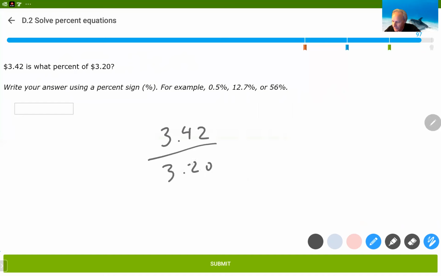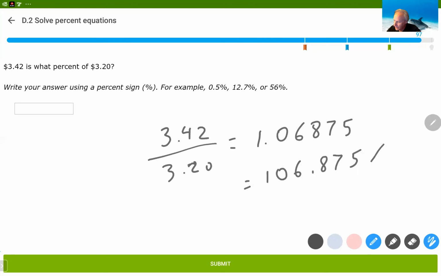We want to change this to a decimal, and then we change that to a percent. 342 divided by 320. I got 1.06875, and write it with the percent symbol. So this is 106.875%. It doesn't say to round it.